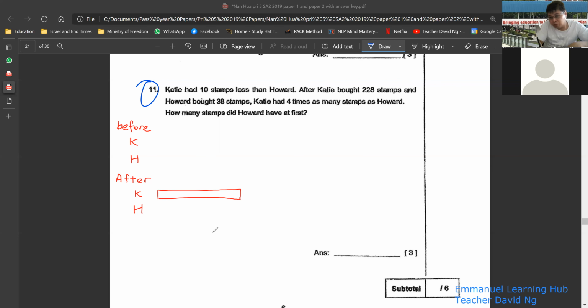Then when you draw 4 times, don't draw like that. You draw like that. Katie, you anyhow draw a reasonable safe length. Then for 4 times, you don't divide by 4 directly.